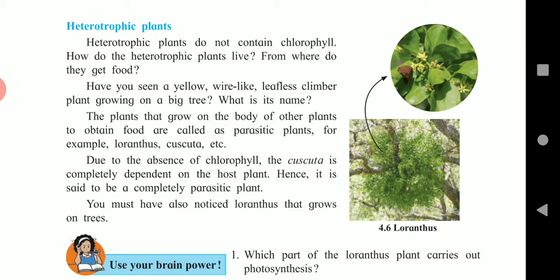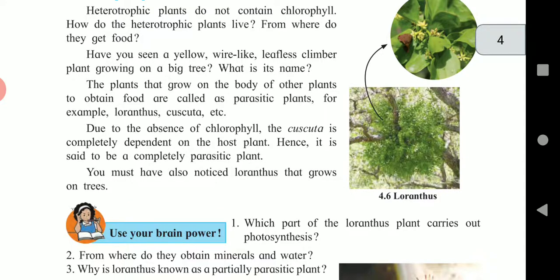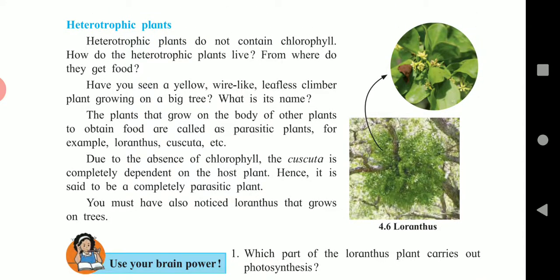First one is completely parasitic plants. For example, Cuscuta. Due to absence of chlorophyll, Cuscuta is totally dependent on the host plant for its food and water. Second one, partially parasitic plants. For example, Loranthus.